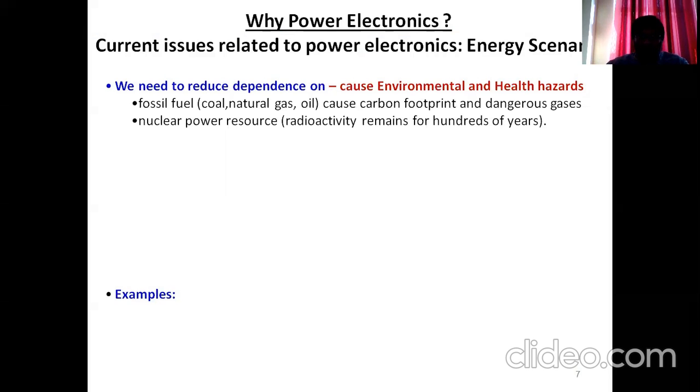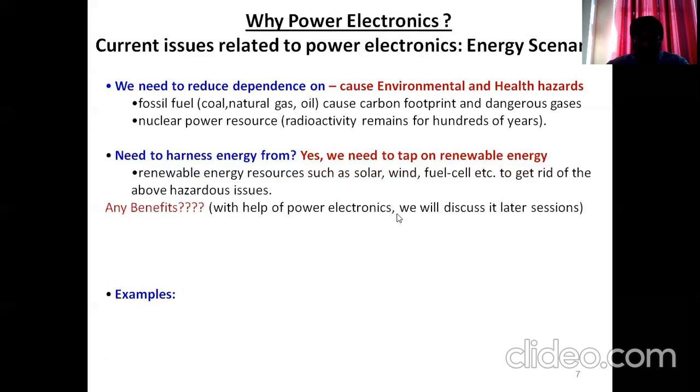So what to do then? To deal with these issues caused by fossil fuels, we need to tap on renewable energy. What is renewable energy?